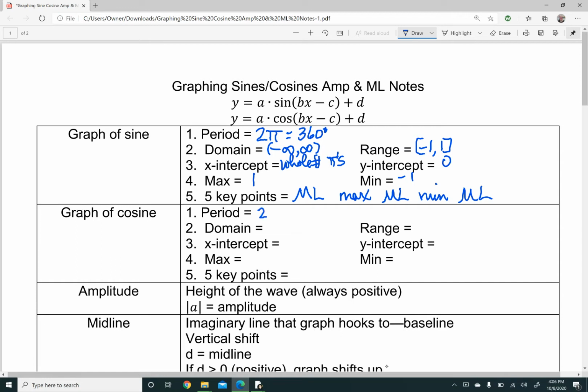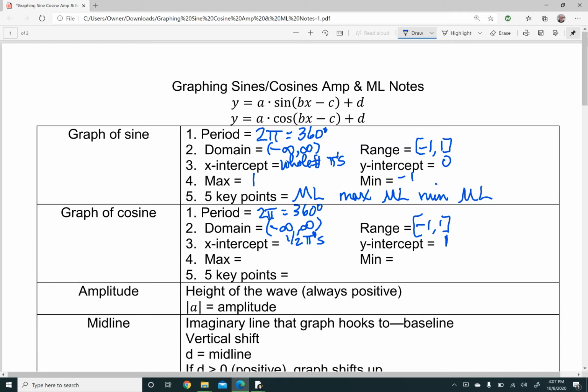Okay? Now the graph of cosine is very similar to the graph of sine. It has a period of 2 pi, or 360 degrees. Its domain is also from -infinity to infinity. Its range is also from -1 to 1. Its x-intercepts are at half pi's. And its y-intercept is at 1.